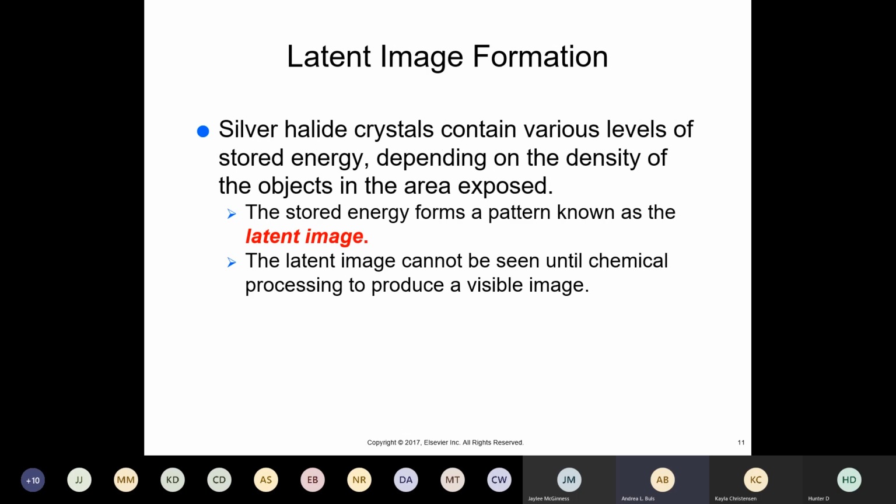All right. Then we've got, like I said, the latent image formation, where those silver halide crystals all contain different levels of stored energy that they've received from the X-ray, depending on the density of the object that the X-rays are going through. For example, X-rays are coming through, some of it hits my gum tissue, some of it hits my tooth, and some of it hits an amalgam that I might have in that tooth.